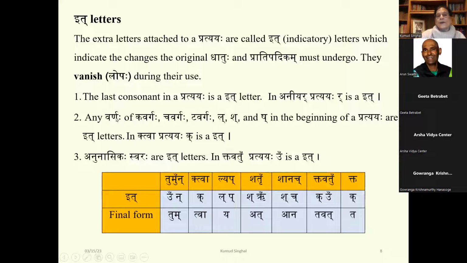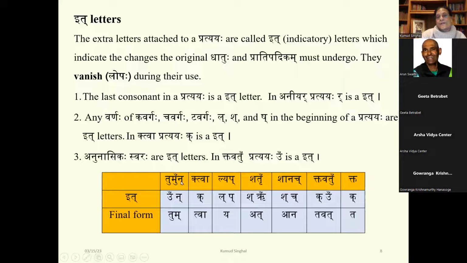Any varna of the ka varga, cha varga, ta varga, la, sha, and sha in the beginning of a suffix are it letters. For example, in ktva, ka is an it letter.